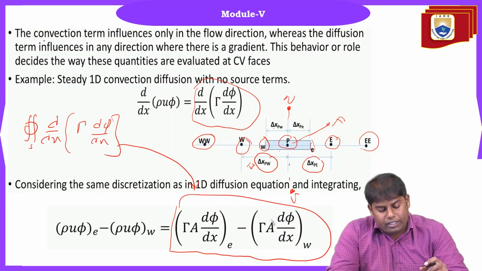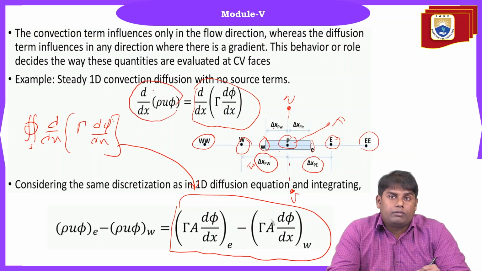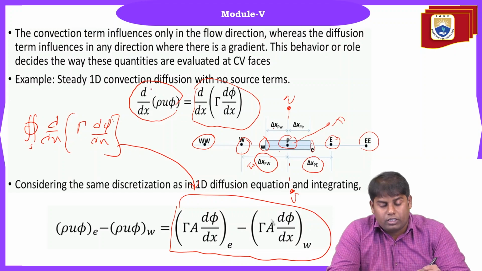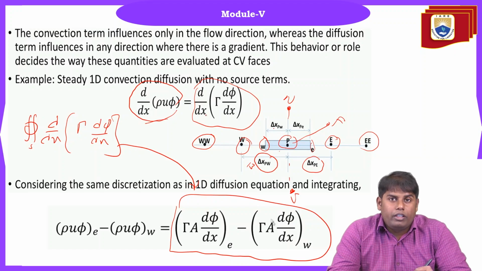Fine. So now additionally what we have is called the flux term or the convection term. As I told you in the previous sessions, when you take a momentum equation, on the left hand side you have the flux or the convection term, on the right hand side you have the diffusion term. So here the left hand side is called convection, the right hand side is called diffusion.